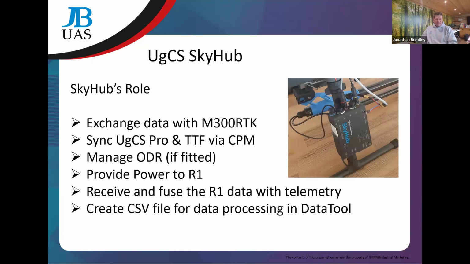It's managing the object detection radar. So if we're not just doing the TTF radar, we're also doing MAG or GPR at low level, there are instances which we found where the onboard object detection of certainly the M300 and M350 is not 100%.